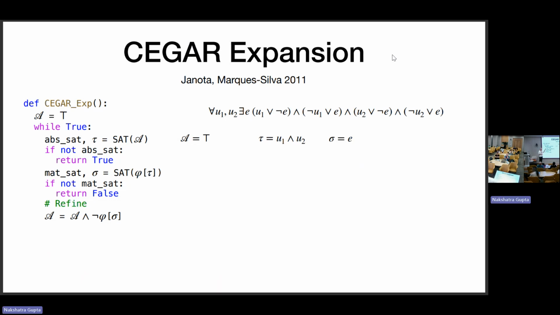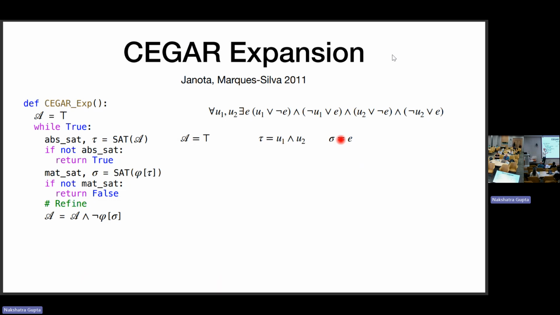Then the existential player has to find a response, that is an assignment of the existentially quantified variable E, so that the combined assignment satisfies the matrix. And in this example, you can verify that playing E true will satisfy the matrix in combination with U1, U2. So here, this clause is satisfied by U1, this one is satisfied by E, this one is satisfied by U2, and this is again satisfied by E.